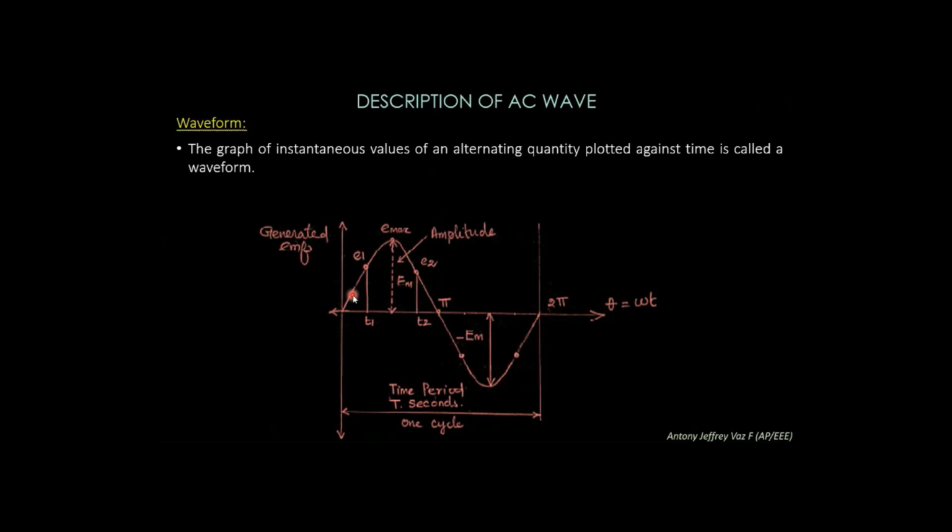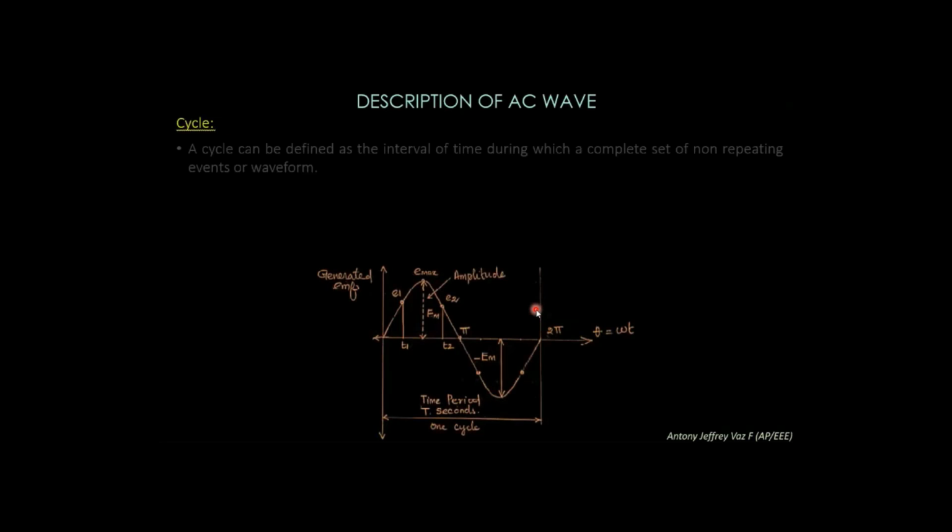If you plot all these in a graph, the x-axis is the time period, which is theta, and the y-axis is the magnitude of the voltage wave or current wave. Then, plotting all the instantaneous values from E1 to En, you will have a wave like this, and this wave represents the sinusoidal waveform.